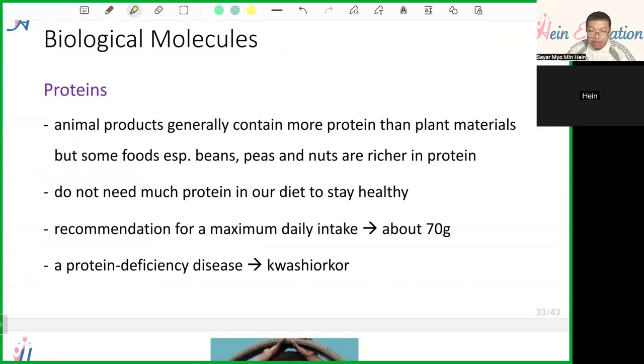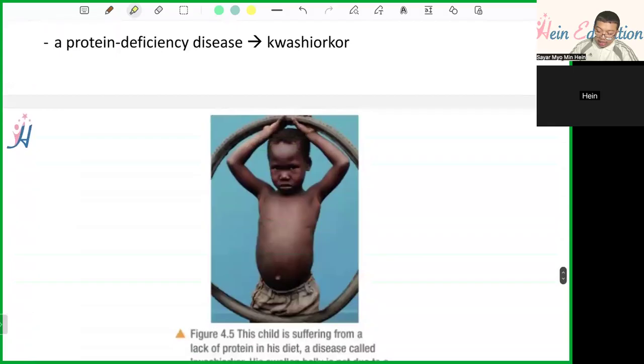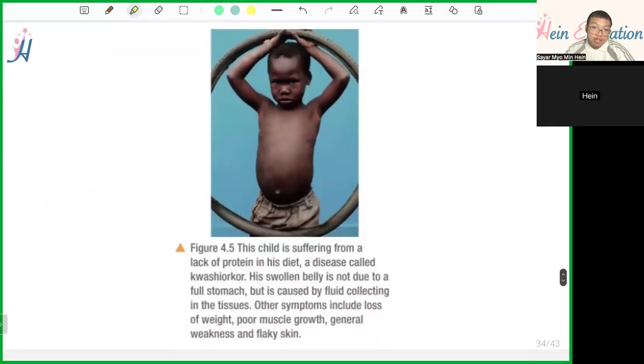And if a person lacks protein in the diet, they can suffer a disease called Kwashiorkor, which is a protein deficiency disease. This is an illustration showing a child lacking protein, and then the disease called Kwashiorkor happens. The swollen belly is not due to a full stomach, but is caused by fluid collecting in the tissues.